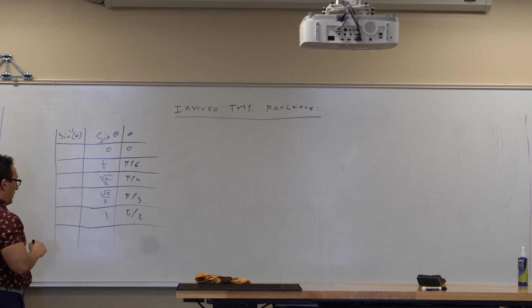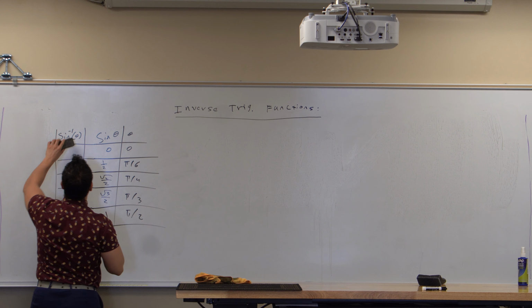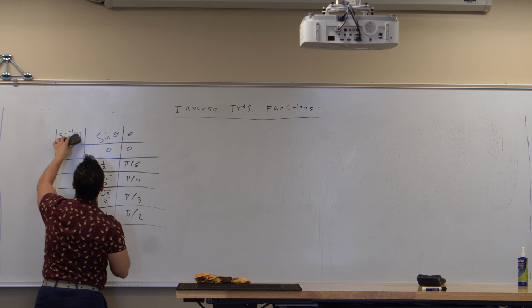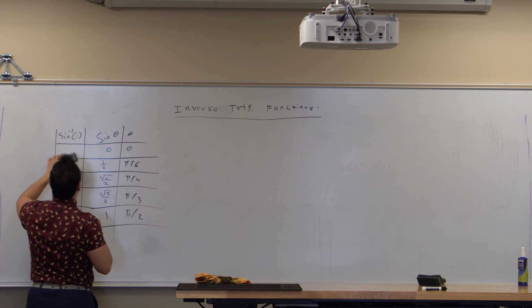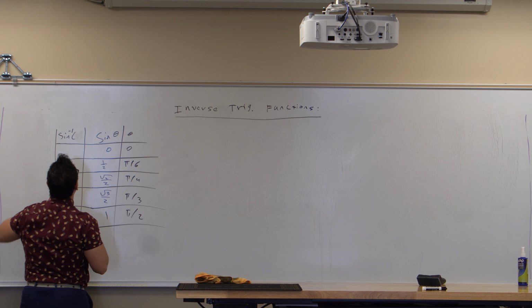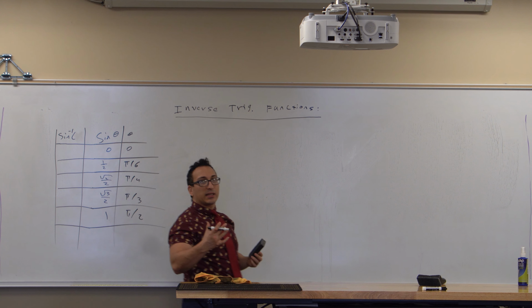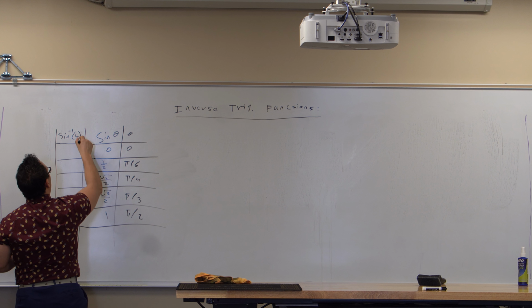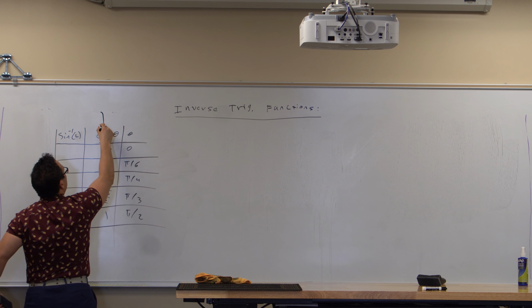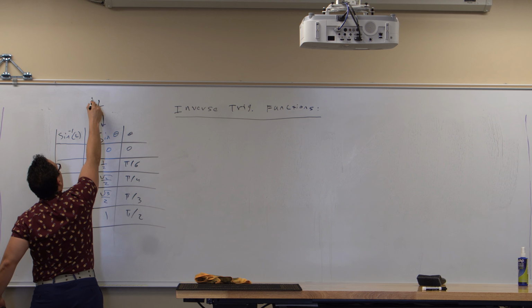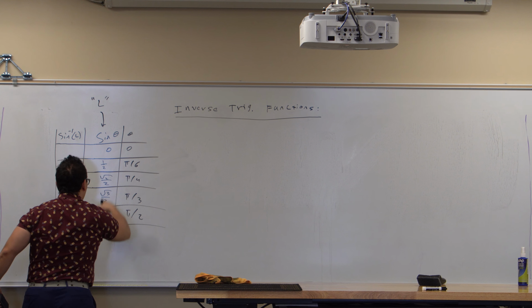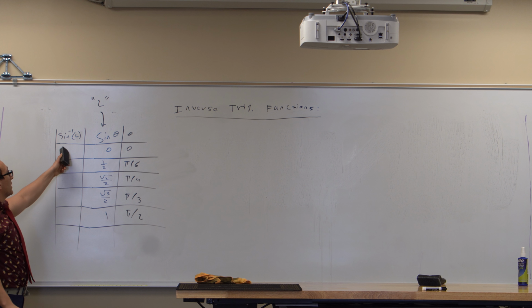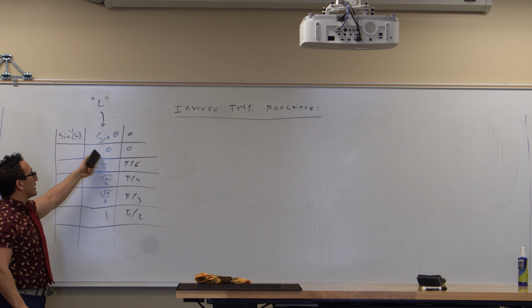Actually, we can't say theta anymore, because sine inverse does not like to evaluate angles. Sine inverse likes to evaluate lengths. So I'm going to say sine inverse of an L, where these outputs are our L's. This whole column is an L. So over here, sine inverse of L is sine inverse of 0.